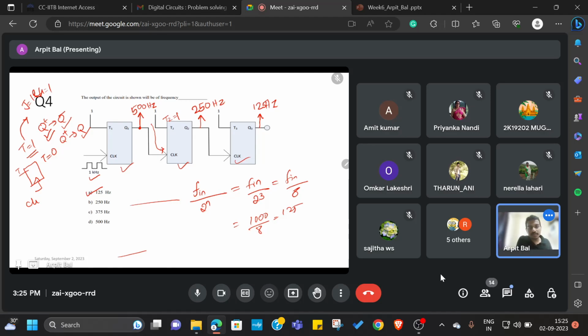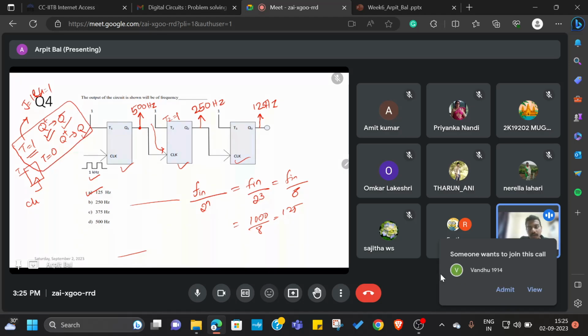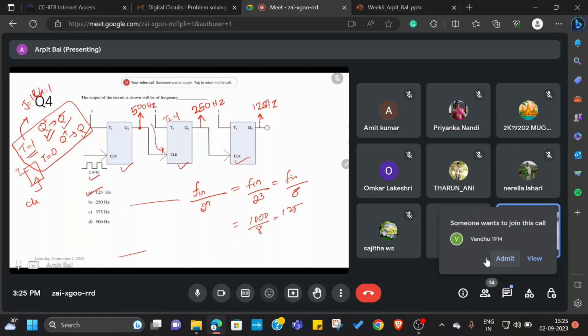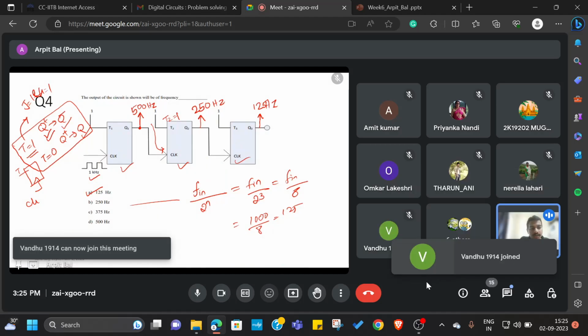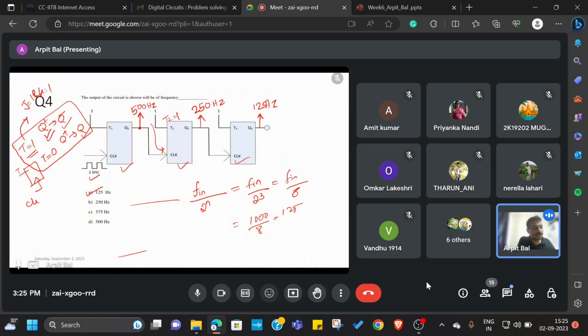I hope everyone is clear with question number 4. These things you need to remember: for T what is going to be the condition, for J, K what is going to be the condition, and for D. These three are important ones because they will help you in developing further complicated circuits.